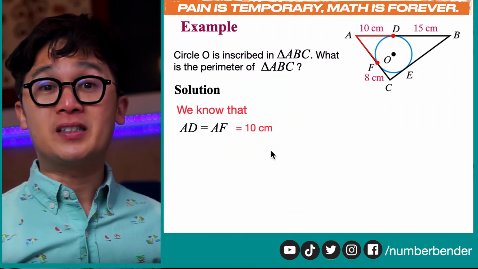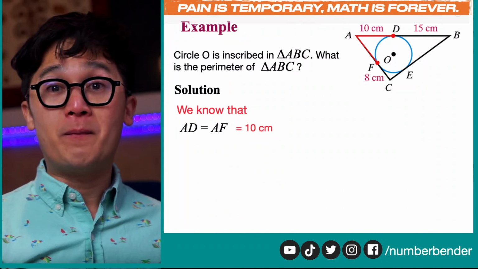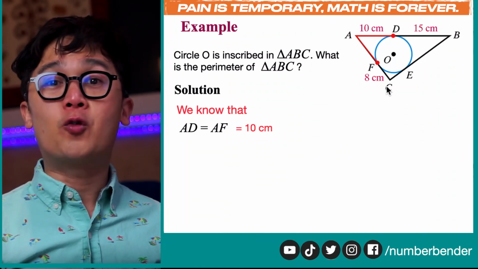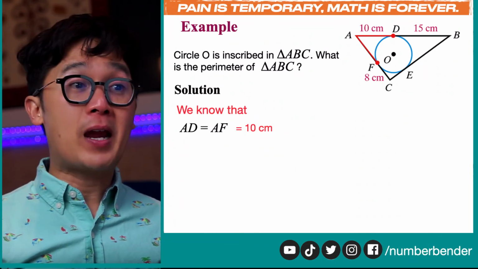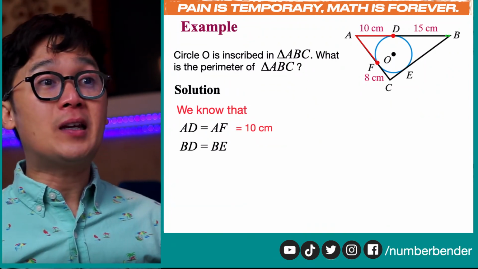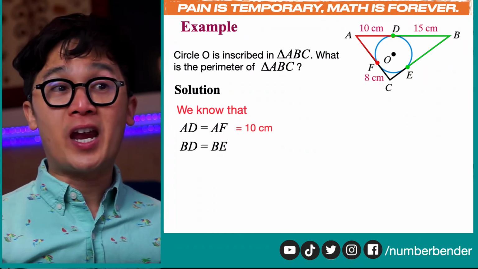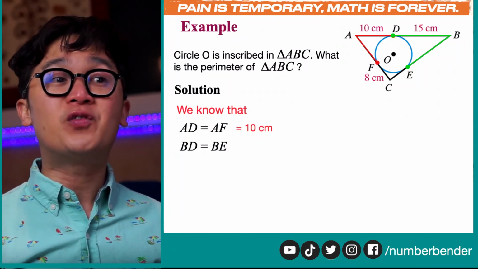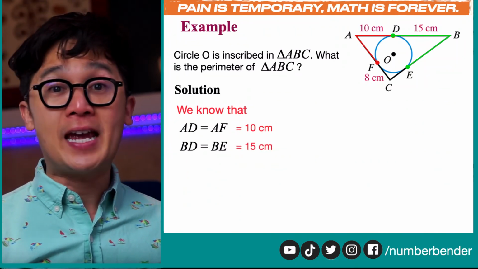So this is going to be 10 centimeters for AD and AF, and we're going to use the same principle for BD and BE and for CF and CE. So for the second pairing, we have BD should be equal to BE because of the tangent line that we have here that shares the same endpoint as B. So that means if DB is 15 centimeters, BE is also 15 centimeters.